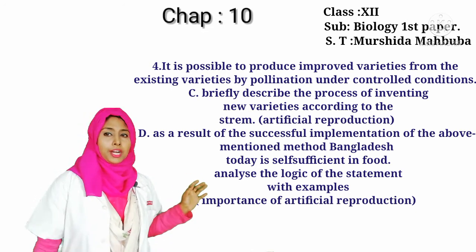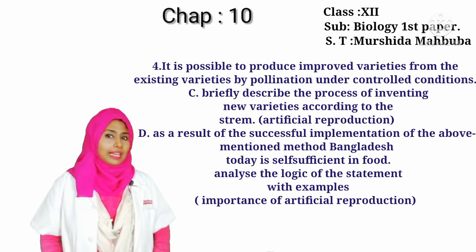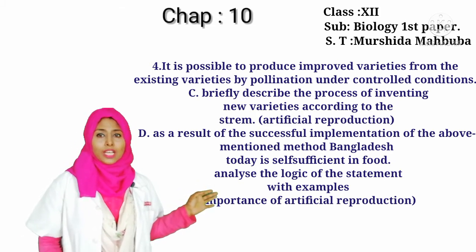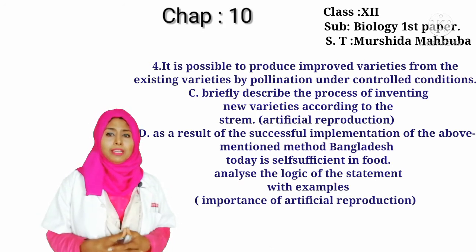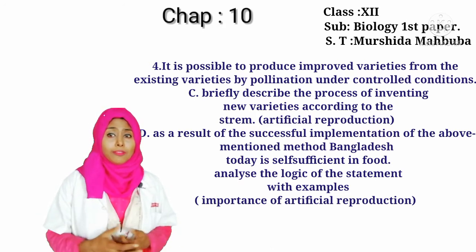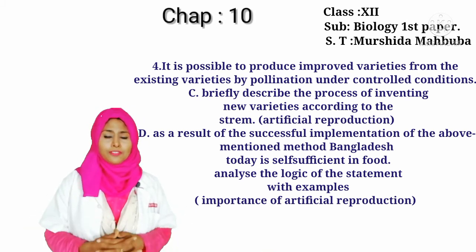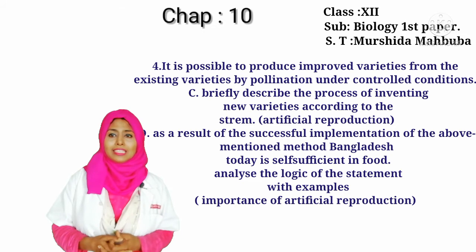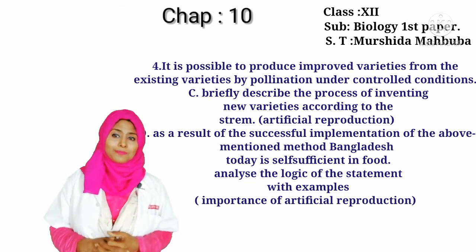My dear students, here you have to write down the artificial reproduction. And D: as a result of successful implementation of the above-mentioned method, Bangladesh today is self-sufficient in food. Analyze the logic of the statement with examples.